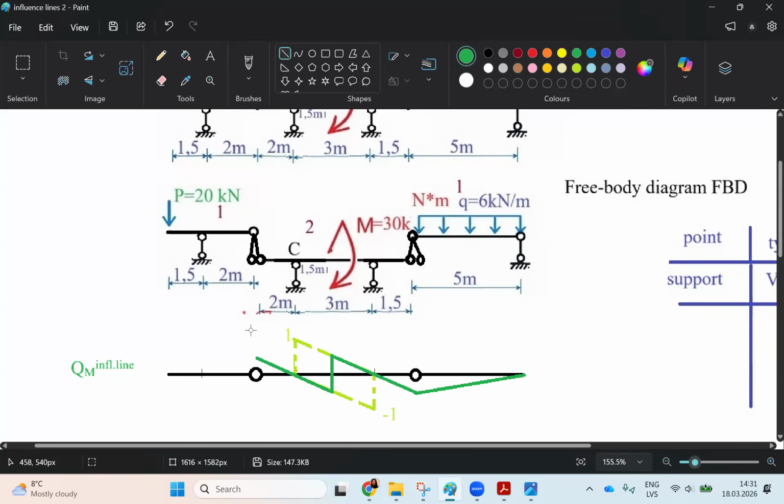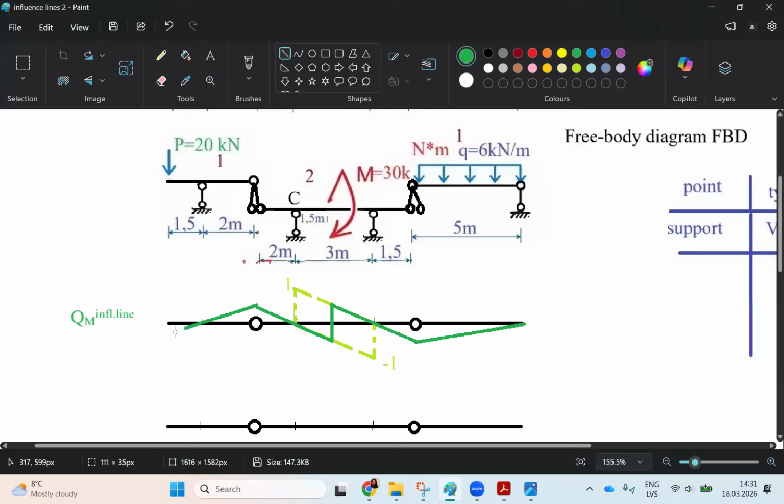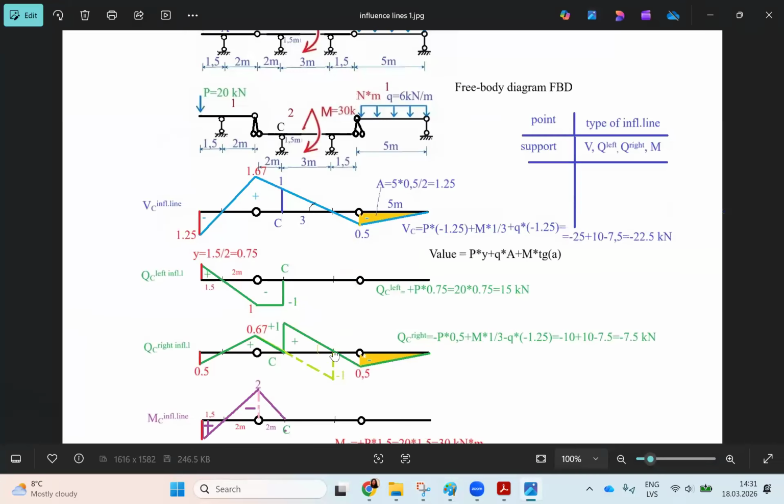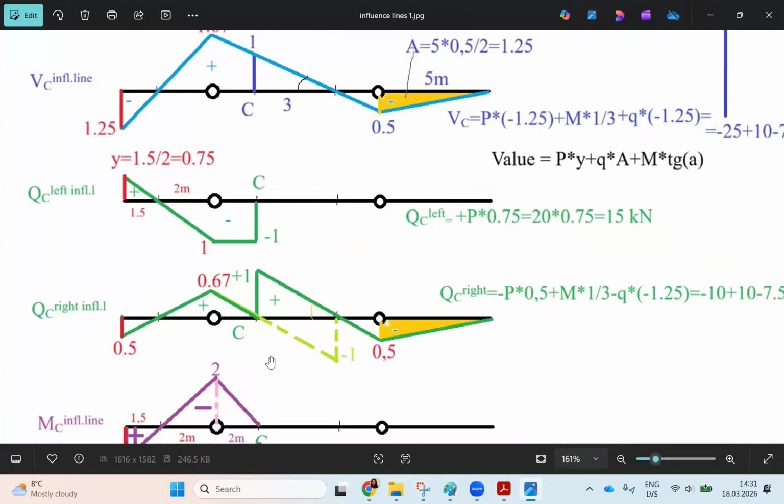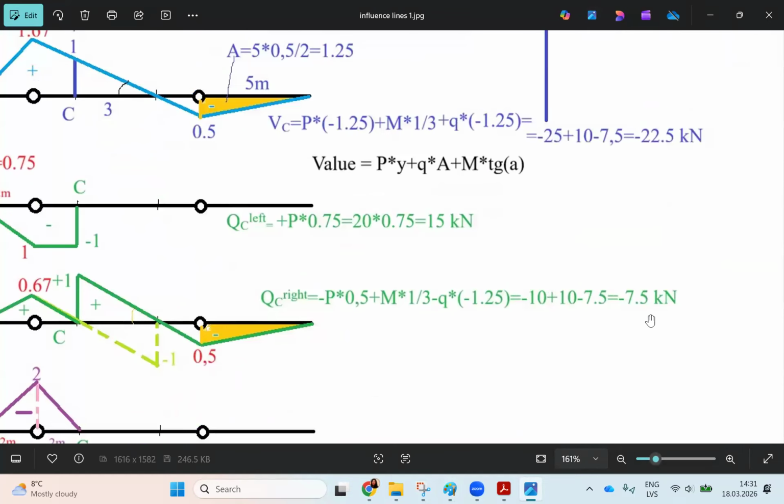And to the other side as well. It turns the direction and goes through 0 at the support and just finishes at the end. Actually, it's pretty similar to what we had before. And also the answer will be the same, but I found a mistake that there's -10, so there's negative for M. Comment if you know the answer.